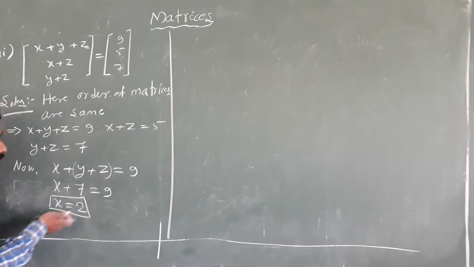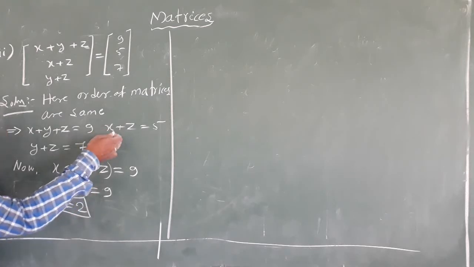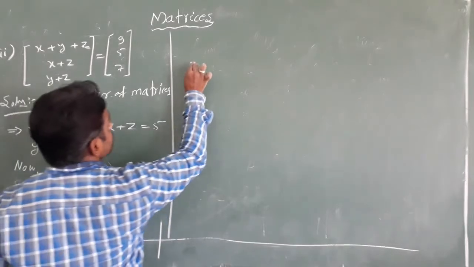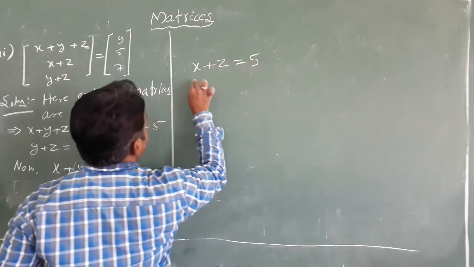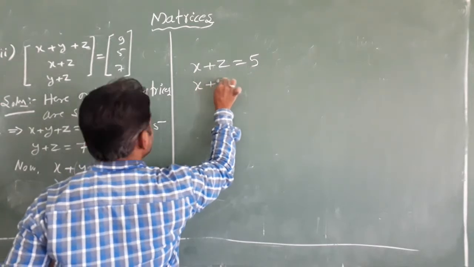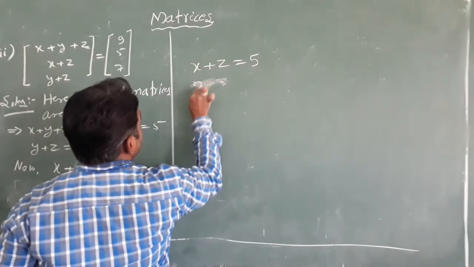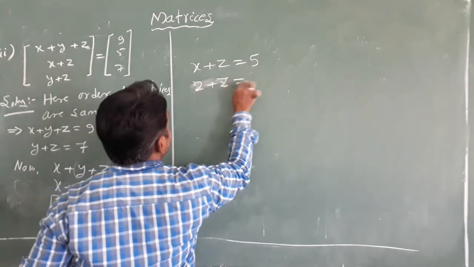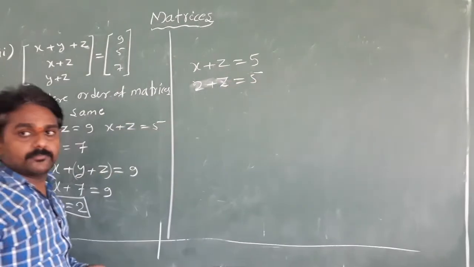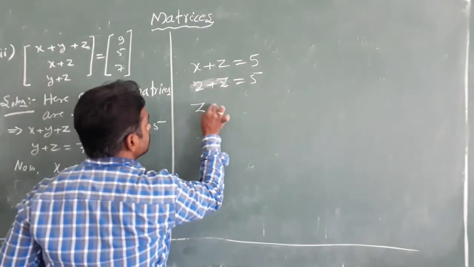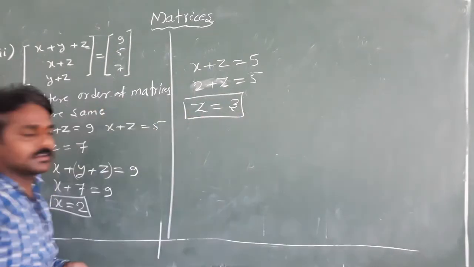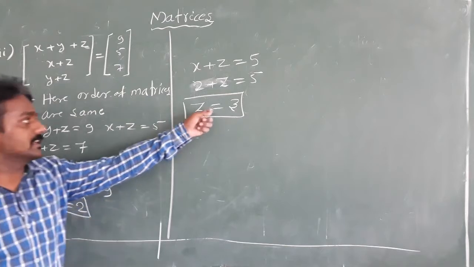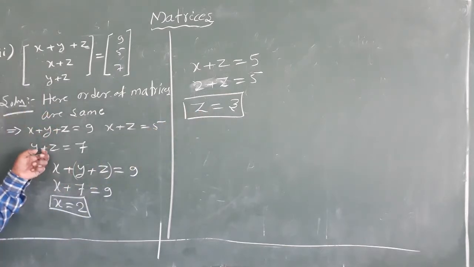Fill x equal to 2 in this x plus z, you will get the z value. x plus z equal to 5, then 2 plus z equal to 5. So what is z? 5 minus 2, that is 3. Once you get z equal to 3, fill that value here, you will get the y value.